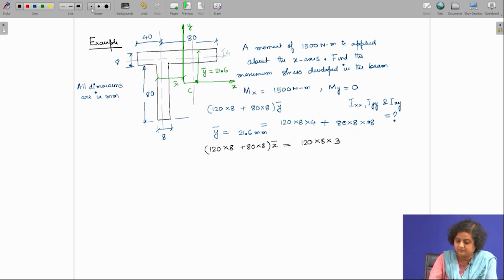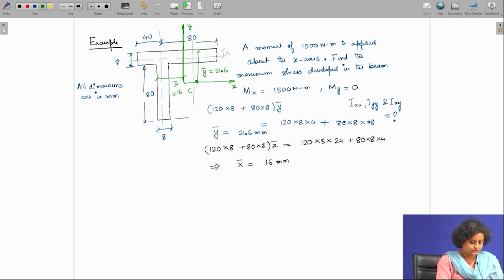So, this is going to be 24 plus we have 80 for the vertical portion into 4. So, if we calculate this, then x bar turns out to be 16 millimeter. So, x bar is going to be 16 millimeter from the outermost portion of the cross section.